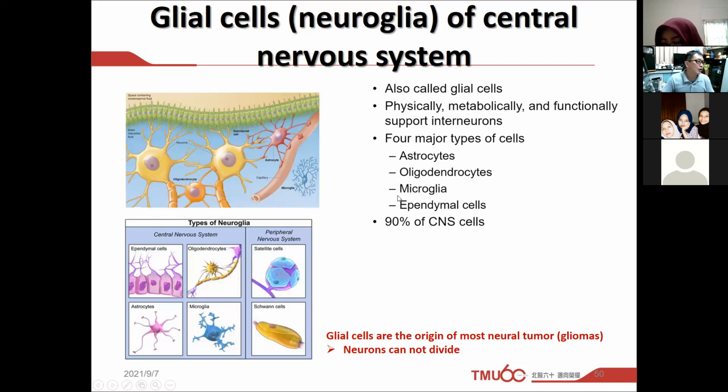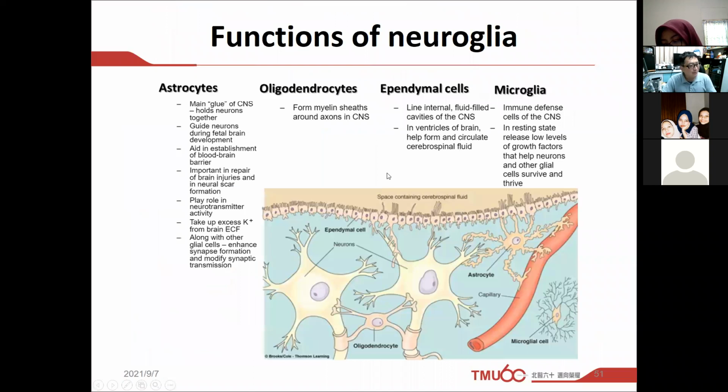Later on, we are going to go over it again. Here's a location. The astrocytes and oligodendrocytes work together with the neurons, and astrocytes also link with the vessels in the brain, in the CNS.